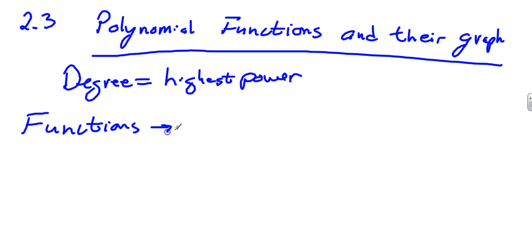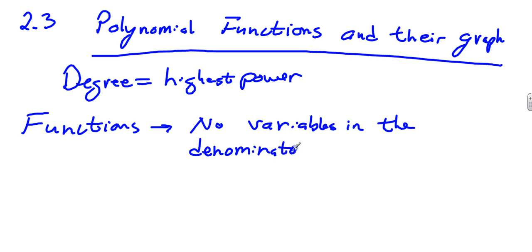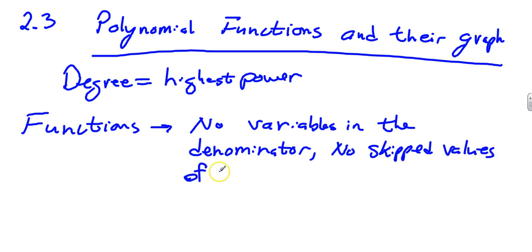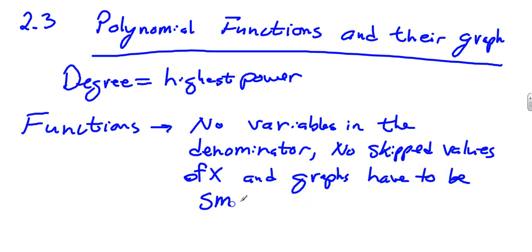For functions here, there are no variables in the denominator, there are no skip values of x, and the graphs have to be smooth.